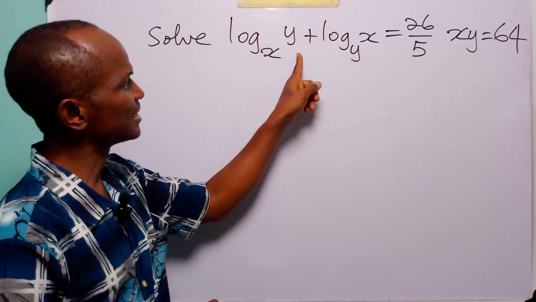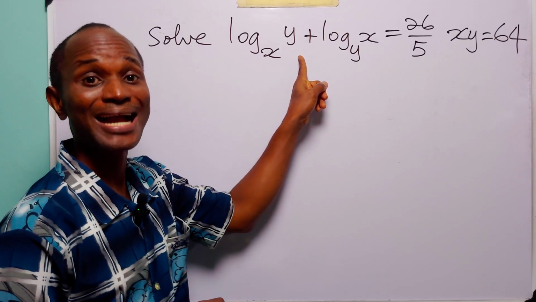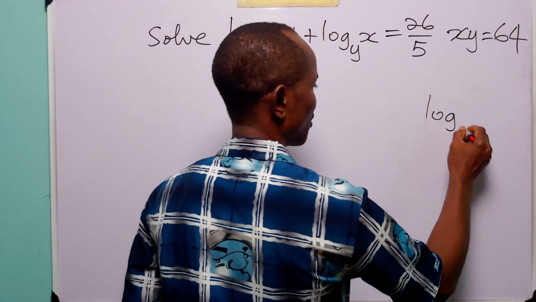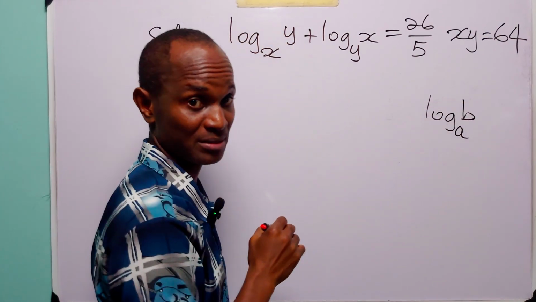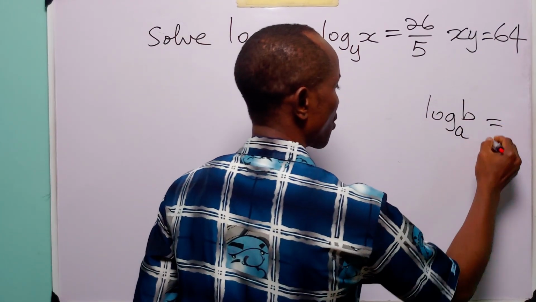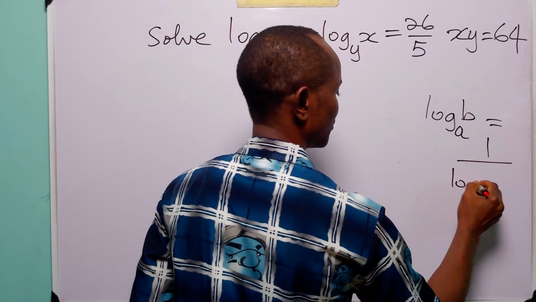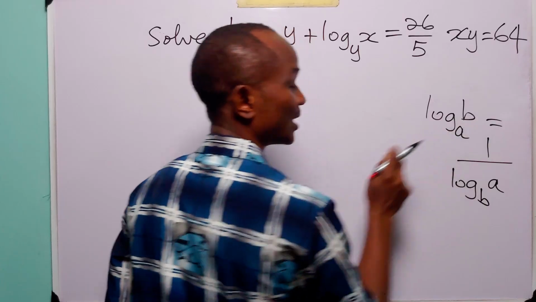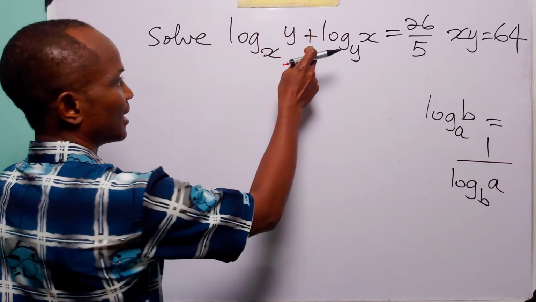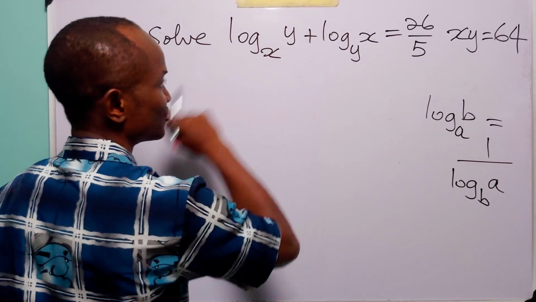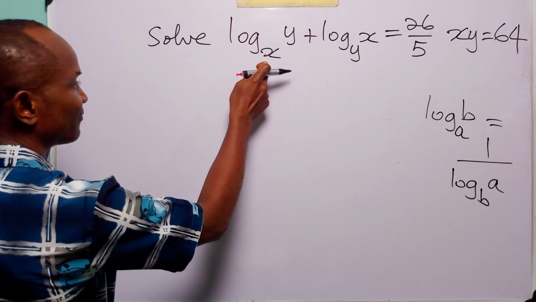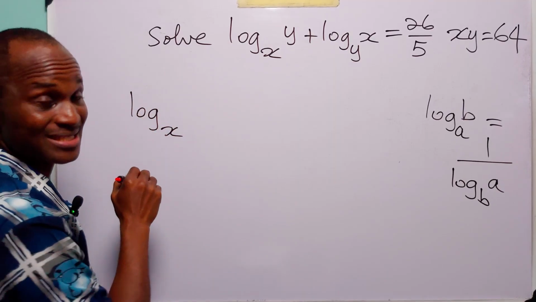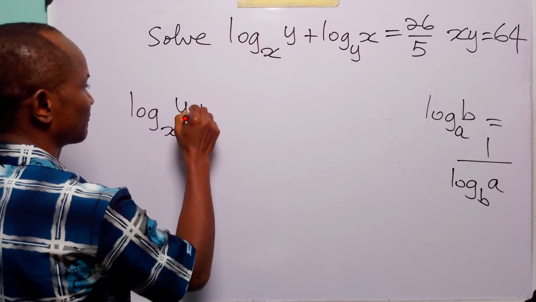Now, to simplify this equation, we must remember the logarithmic identity that says that log to base a of b is equal to 1 over log to base b of a. When we apply this identity to this first equation, this first term, we are going to leave it as it is, log to base x of y.